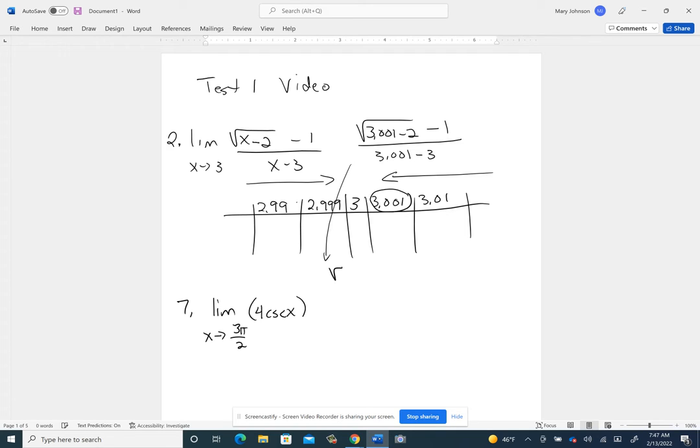You would have this little square root. It would give you a left parenthesis, and you could put in the 3.001 minus 2, close that parenthesis, subtract 1, but then that whole thing would have had to be in parentheses because this is a grouping symbol. So all of that has to be worked out, and then once you get that, you divide it by what this turns out to be.